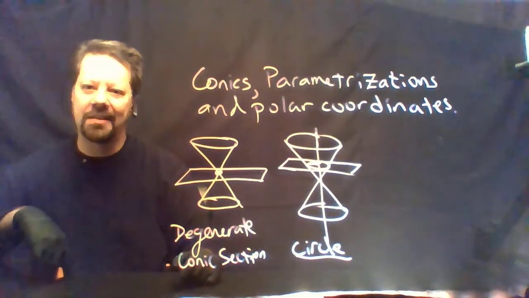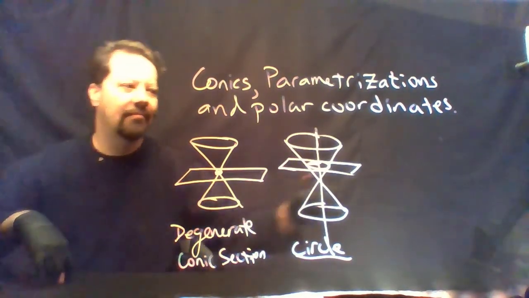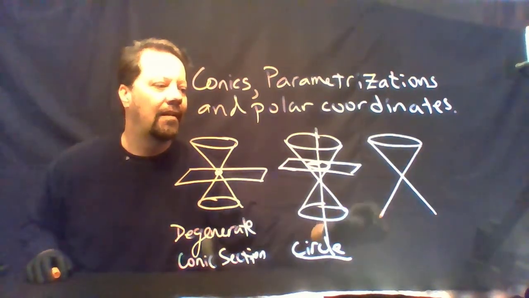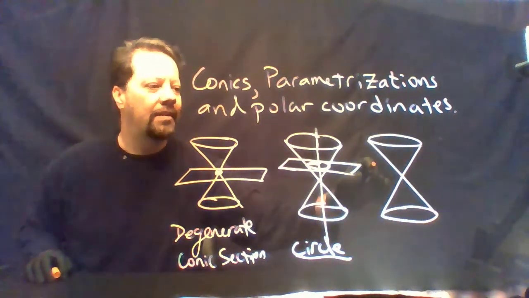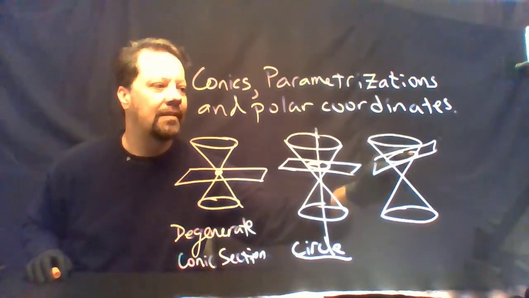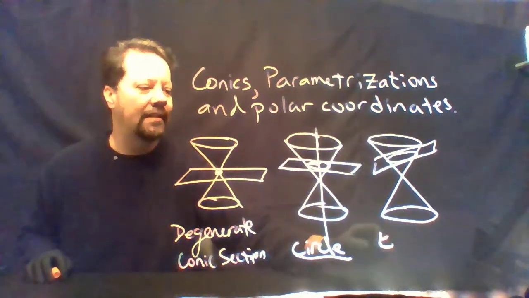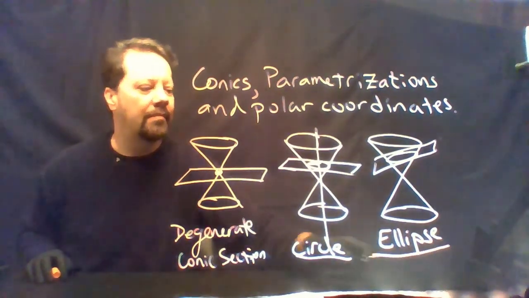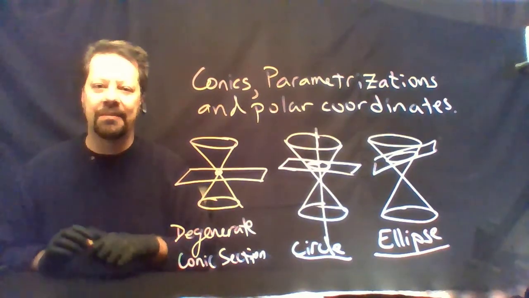So a circle is a conic section. If you angle the plane, it can cut it in an ellipse. So an ellipse is a conic section.